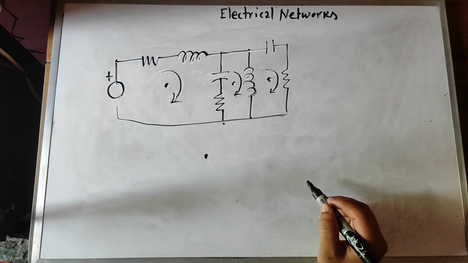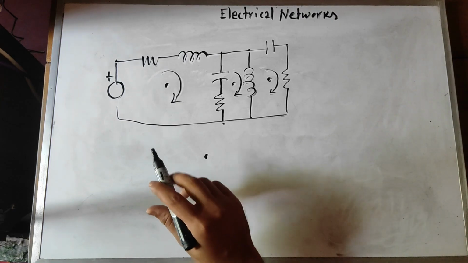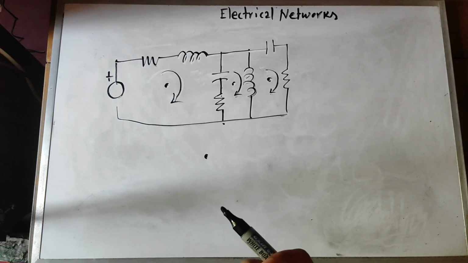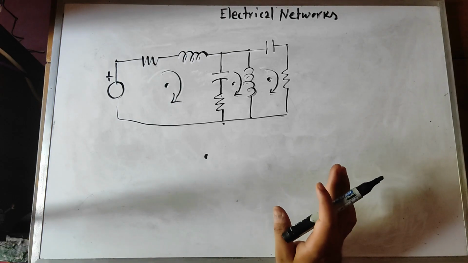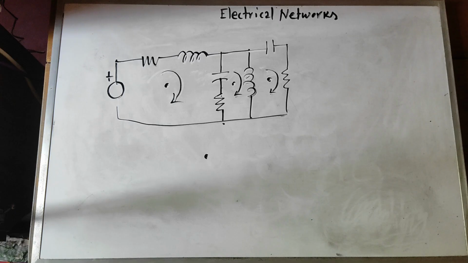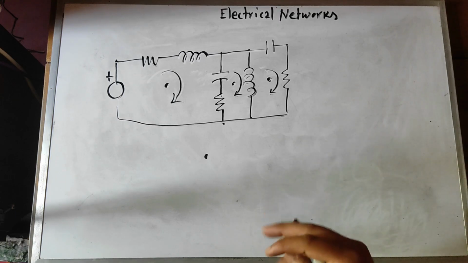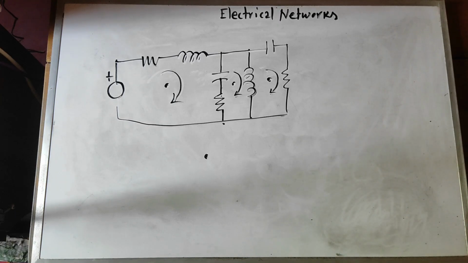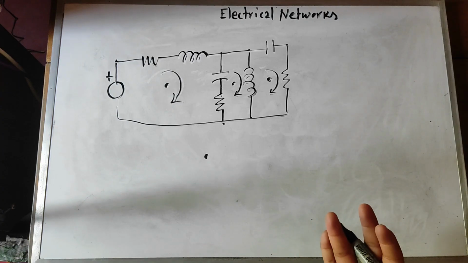So the loops are three, but we're taking nodes, one extra node. This comes from graph theory.